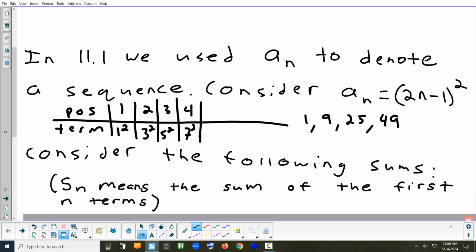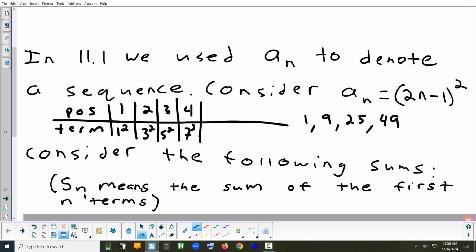So now what we're going to look at is what are called partial sums. When you use a capital S and then a subscript next to the S, that means to add up the first n terms in your pattern.